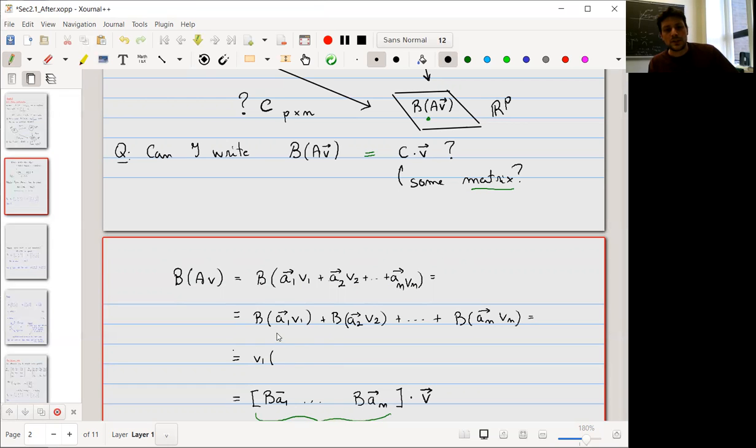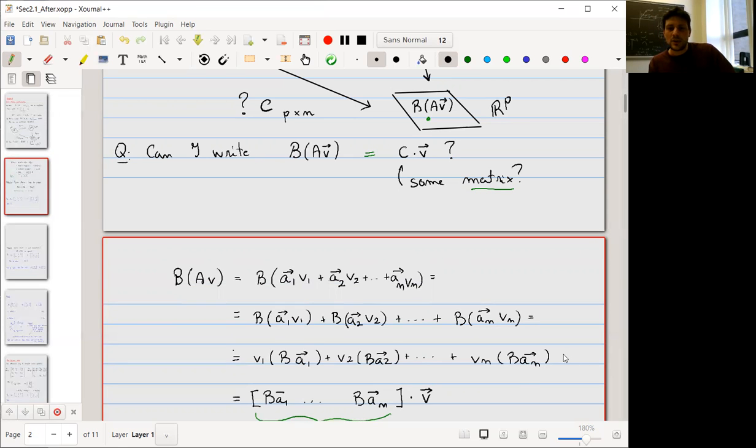This first summand is the same as writing V1 times B times A1 plus V2 times B A2, and so on. The last term is Vn times BAn.